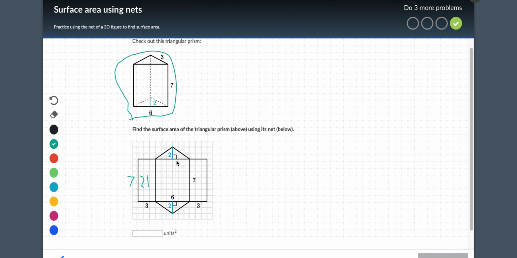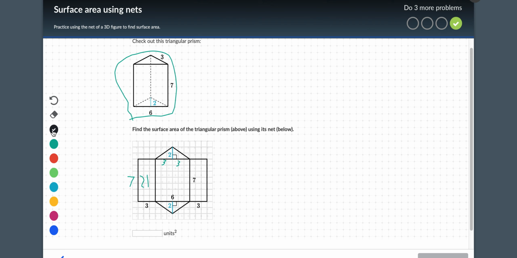So this whole area, 3 times 7, is 21 units squared. And this one is 2 different triangles. The bottom for each of these triangles, since 6 is this entire line here, each part is 3, so 3 and 3, and then the height of both is 2.